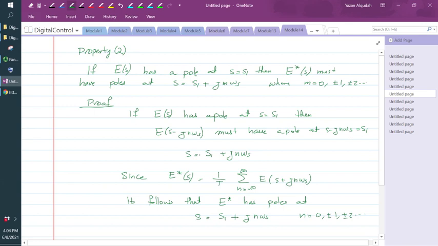And therefore, when S is equal to S1 plus j n omega S, that is going to be a pole. So using this, since E star is equal to 1 over T, the summation of E of S plus j n omega S, it follows that if S1 is a pole, then S1 plus n omega S must also be a pole.